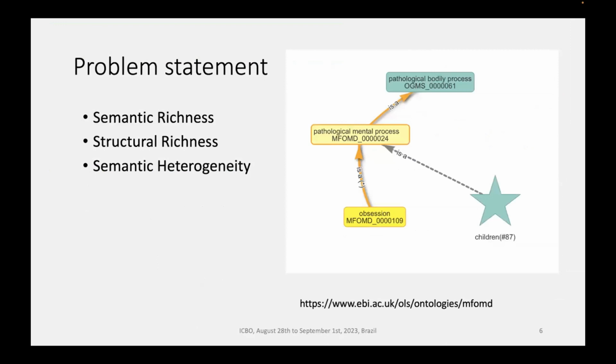So OCD exists in a number of biomedical ontologies, but there are some limitations, for example, semantic richness and structural richness. We're presenting here a figure taken from the Mental Disease Ontology, showing that obsession is defined in the ontology as a subclass of pathological mental process, which is a subclass of pathological bodily process in the ontology of general medical science.